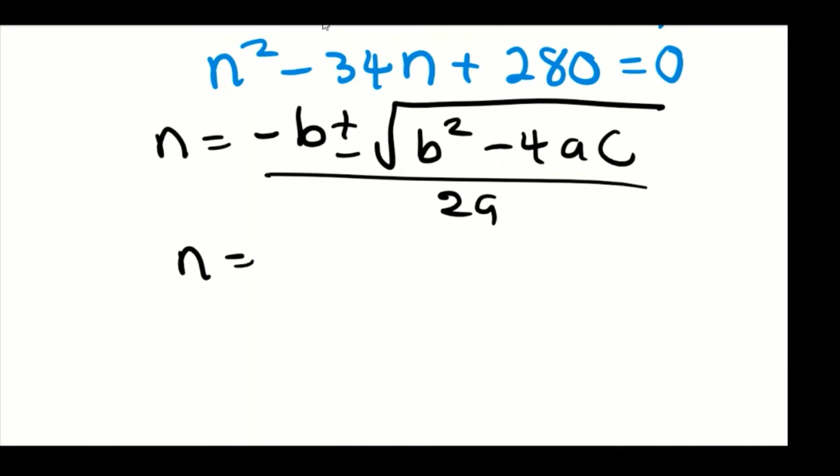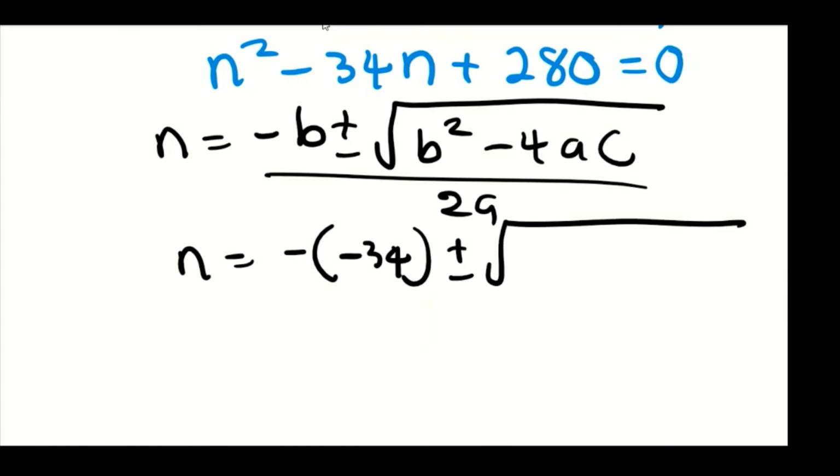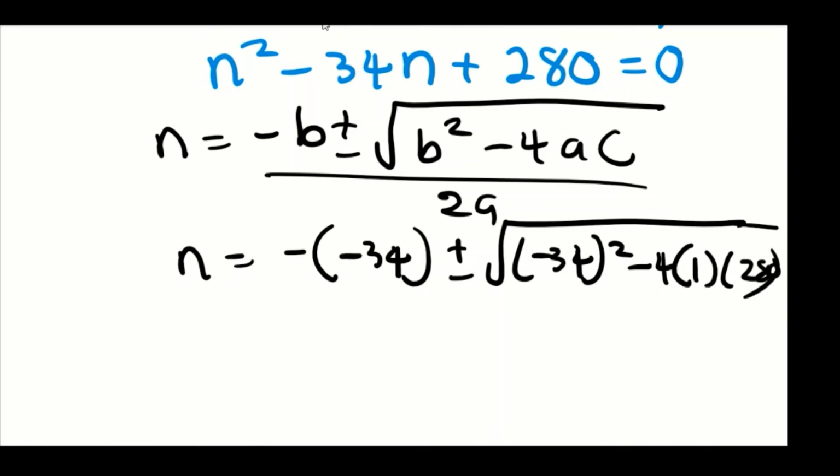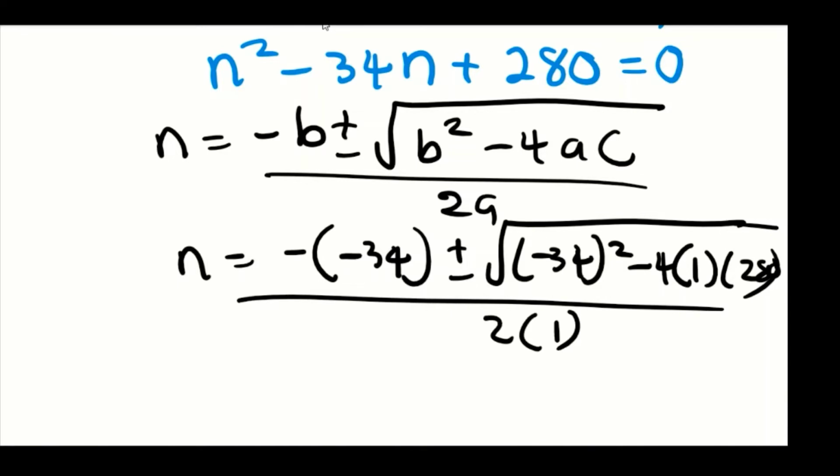So n is equal to minus our b value, which is minus 34, plus or minus the root of minus 34 squared minus 4, our a value is 1, our c is 280, and then we divide by 2 times 1. So our n is supposed to be 20, or n is supposed to be 14.